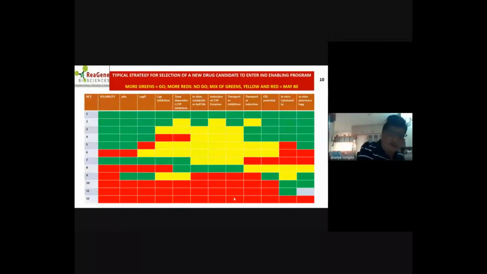If we have a combination of yellow and green, maybe we can carefully move into the clinical trials. So this is the kind of decision tree we use with the different screens in drug discovery and early preclinical development, so that we take molecules into clinical development with a cautious approach. Next one, please.